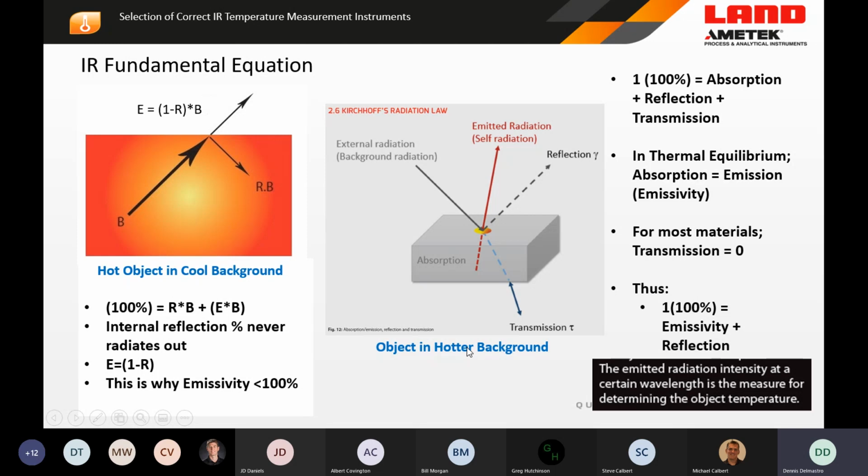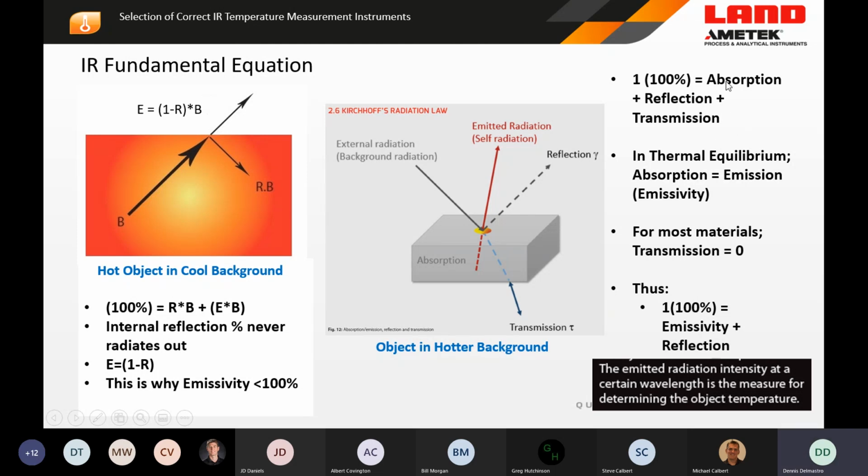Now, if we move over to an object in a hotter background, let's say we take this steel object and we place it right here. The hotter background is actually radiating thermal energy onto that steel block. Some of it's being absorbed, some of it's being reflected, and some of it's being transmitted. So our equation is a little bit different.